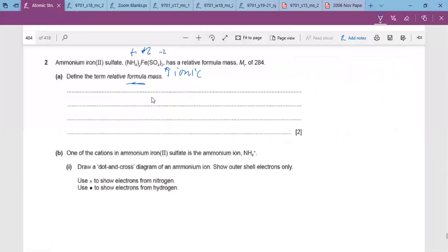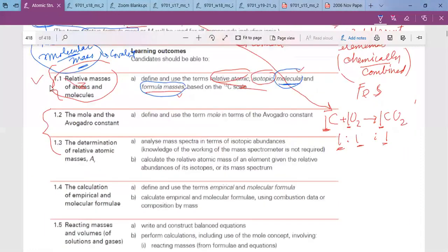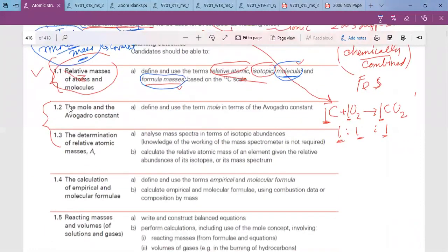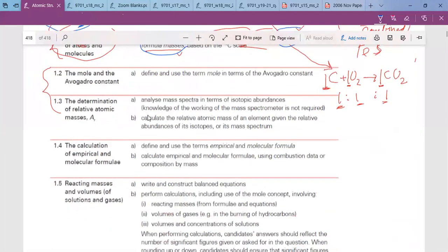So I've finished off all the definitions. Now we're going to go to determination. I won't go to the mole first because we want to do all the calculations together. We have done 1.1, 1.2, sorry, 1.3. Now we're going to do this part here: analyze mass spectra in terms of isotopic abundances.